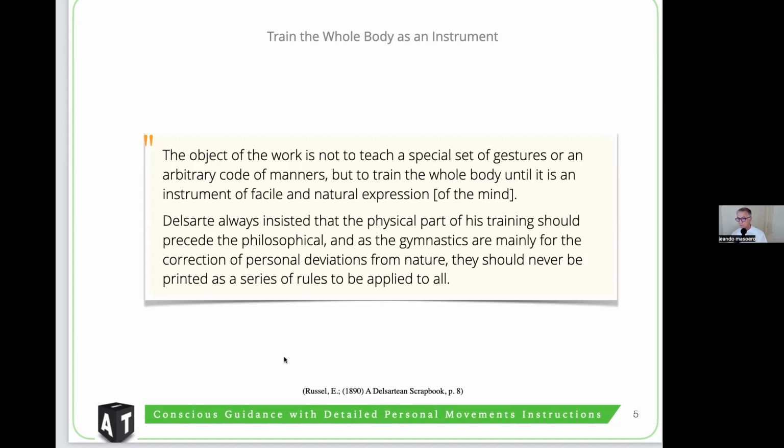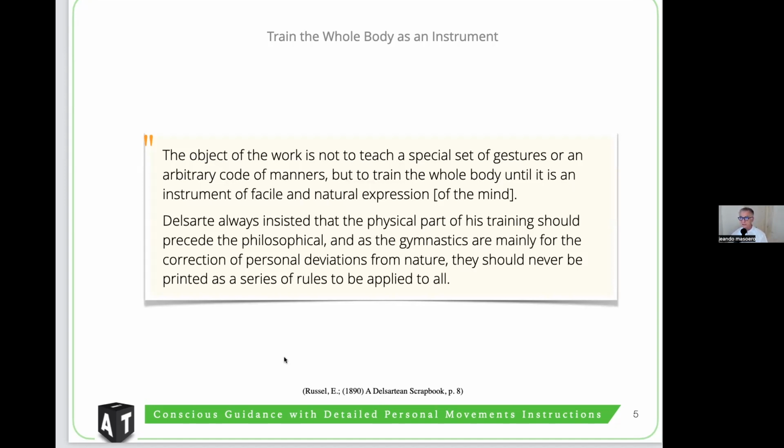For example, we have a very interesting small book called the Delsartean Scrapbook. It was published by Russell in the 1890s, which is quite an early date. And he said that the object of the work of Delsarte is not to teach a special set of gestures or an arbitrary code of manners, but to train the whole body until it is an instrument of facile and natural expression.